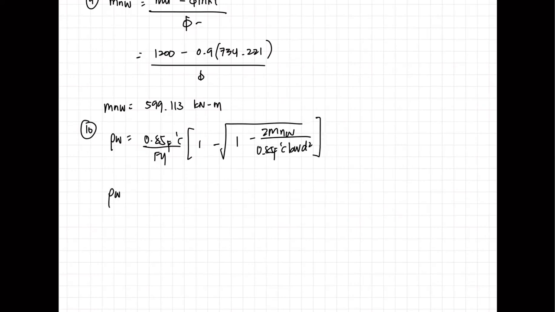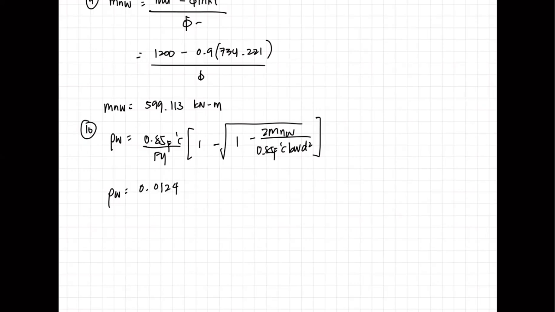So rho W is 21, 420 times 1 minus square root of 1 minus 2 times 599.113 times 10 to the 6 all over 0.85 times 21 times 375 times 600 squared.